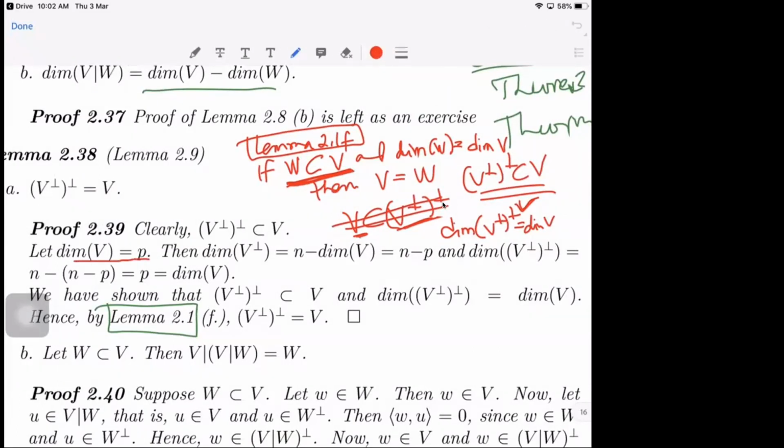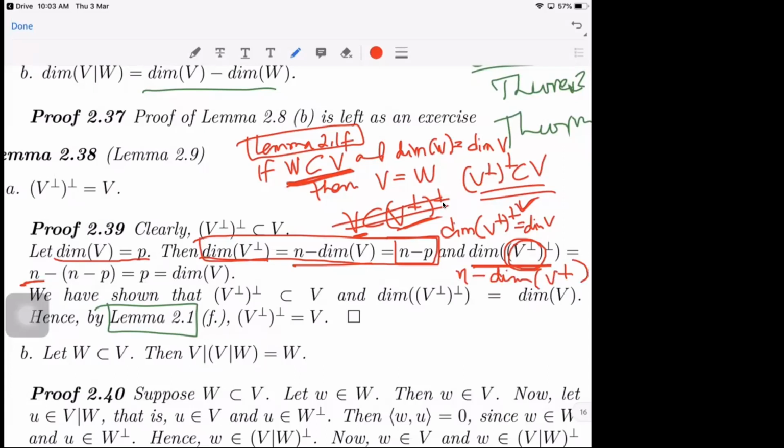So, suppose the dimension of V is p. Then from the previous result, the dimension of V perp is n minus p, because that is the dimension of the whole space n minus the dimension of V. So if we apply that result, the dimension of V perp perp, the space itself, will be equal to n minus the dimension of V perp.